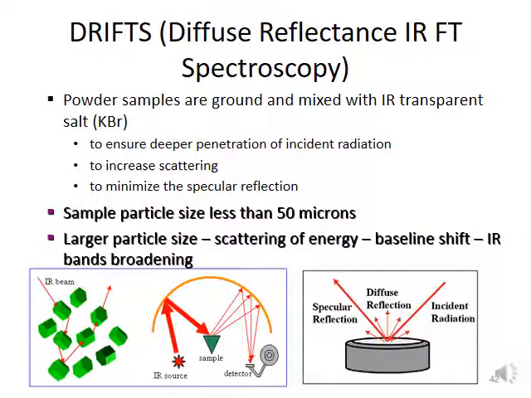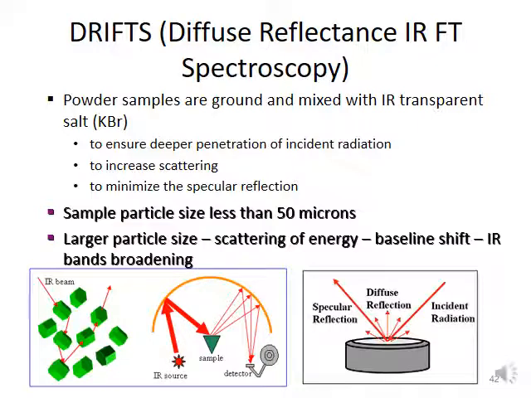Basically, for DRIFTS, diffuse reflectance infrared Fourier transform spectroscopy, we have powder samples which are ground and mixed with an infrared transparent salt, which is potassium bromide. The particle size must be less than 50 microns.